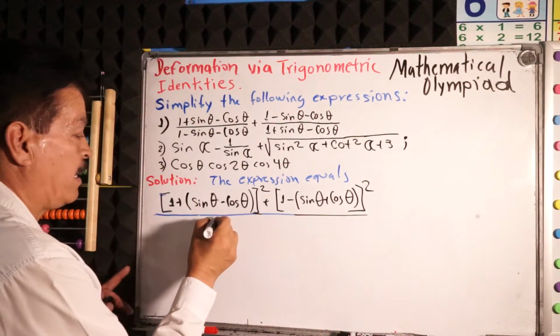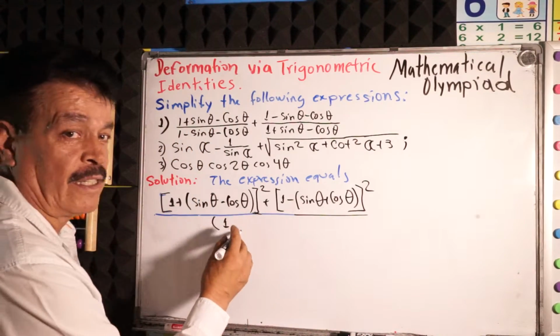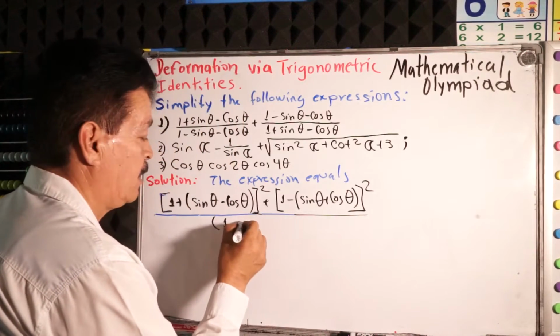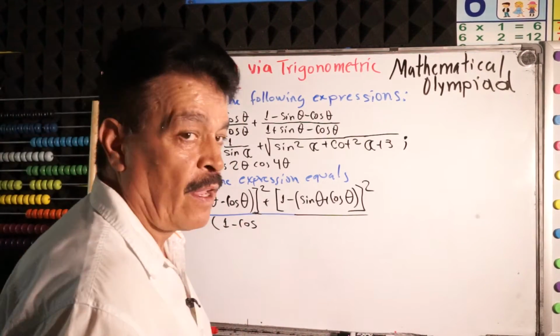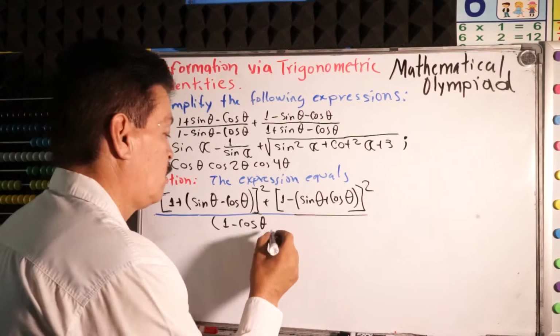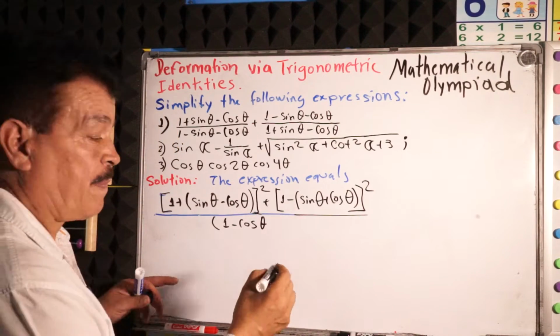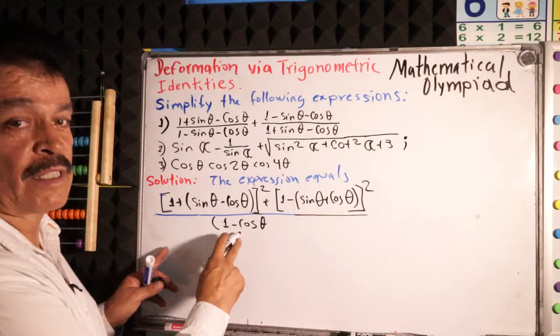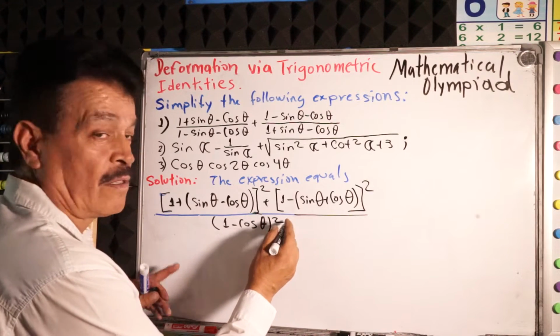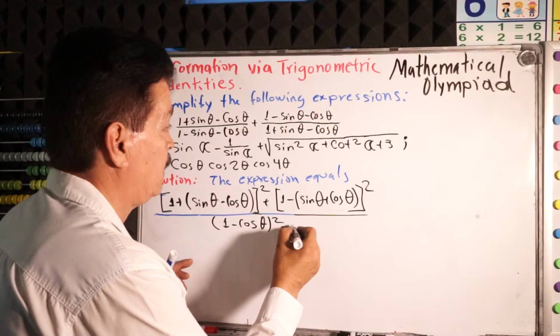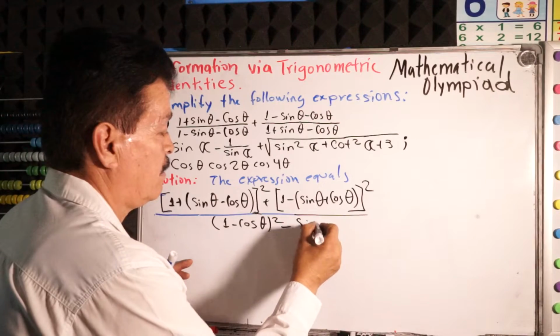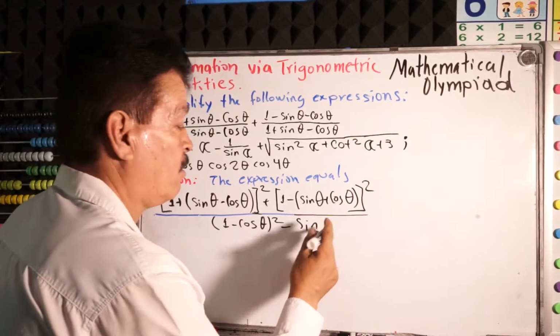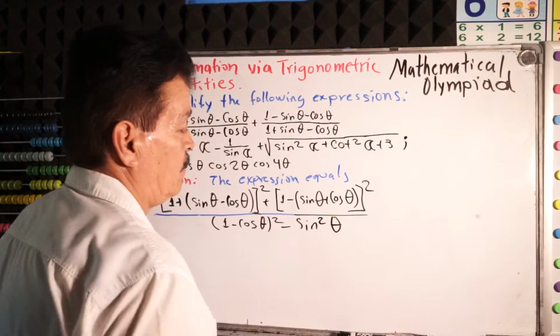Everything must be divided by the bar: 1 minus cos of this angle, to the second power, minus sin of this angle, right?